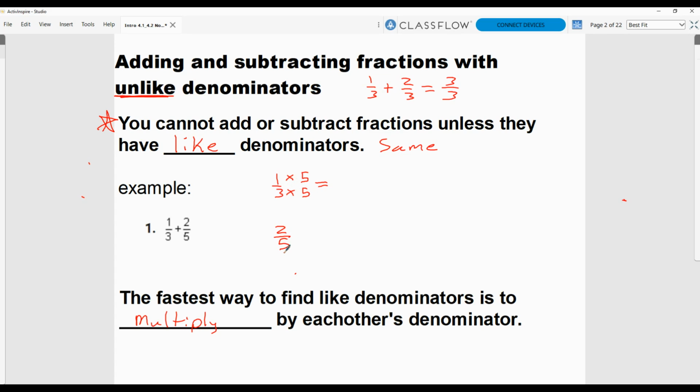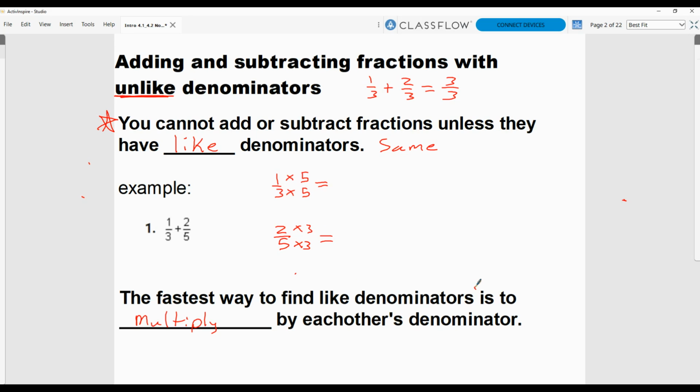Now let's take this fraction and we're going to multiply it by this one's denominator. We're going to multiply both the top and the bottom, our numerator and denominator, by this 3. So we took each other's denominator and we're multiplying that entire fraction by each other's denominator.